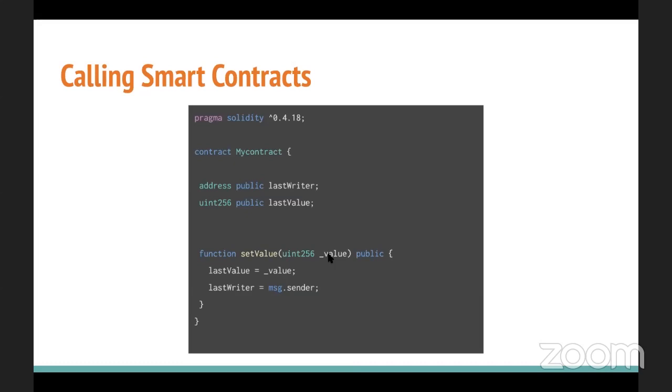And once someone calls this function, the last value will be updated to the value passed by parameter, and also the last writer will be updated to whoever sent the transaction.